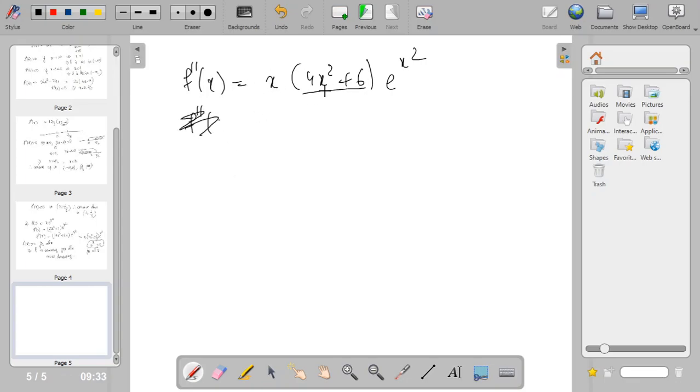Here you can see that the e raised to x square is always positive. Now if you take 4x square plus 6, that is always positive. So remaining x will decide what is the sign of f double dash of x.